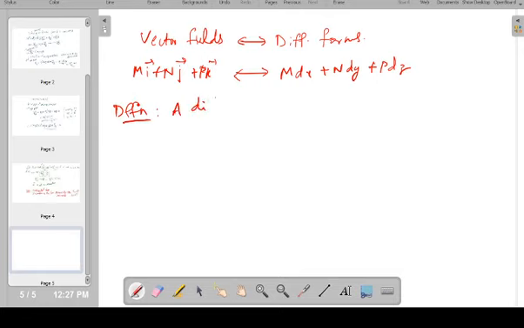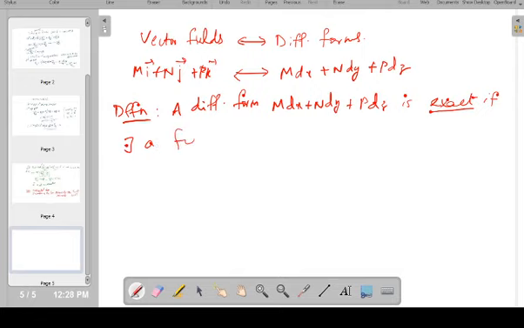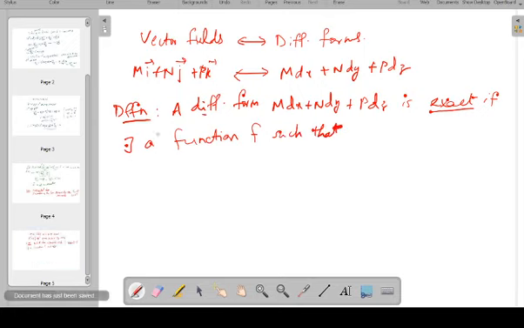A differential form M dx plus N dy plus P dz is said to be exact if there exists a smooth function small f such that M dx plus N dy plus P dz is df for this f.